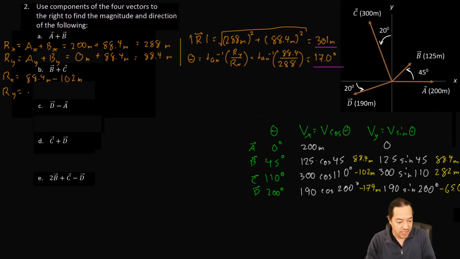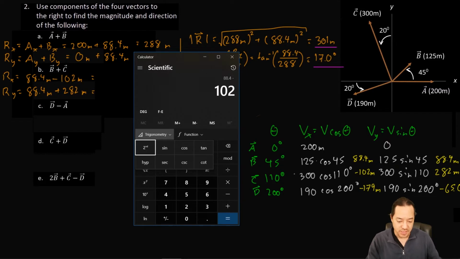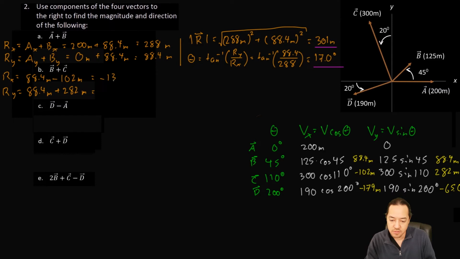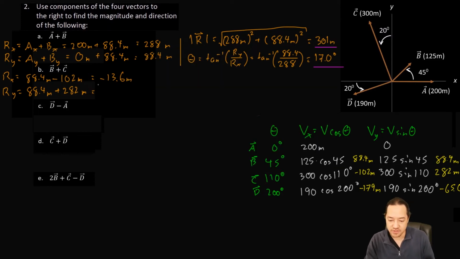And for r sub y, we're going to have B sub y, which is 88.4, plus 282 meters. Okay, let's bring out our calculator real quick. So we've got 88.4 minus 102. So that's going to give us negative 13.6 meters. And then we also have 88.4 plus 282, 370 meters.